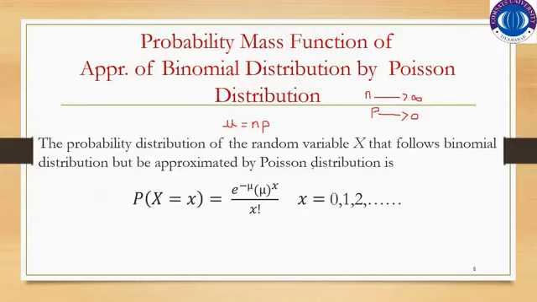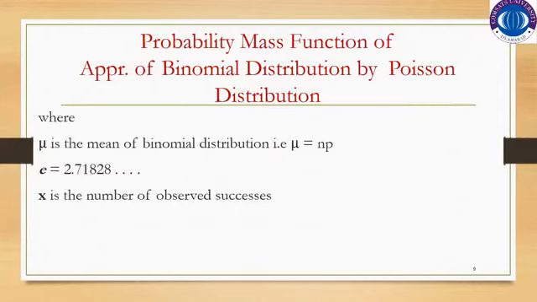That's why the binomial distribution is approximated by the Poisson distribution with parameter mu, where mu is the mean of the binomial distribution and x is the number of observed successes, as defined earlier.